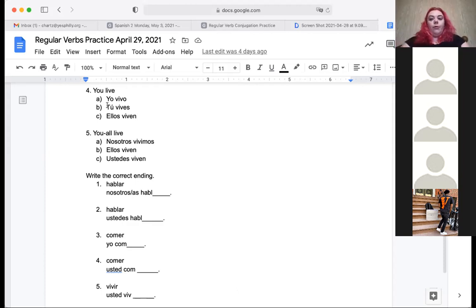So yo means I, and that means I live because that's conjugated with an O. Number 2 is tú vives, and that's conjugated in the tú form. So B is the correct answer. And C is ellos viven, which means they live. So the correct answer for 4 is B.